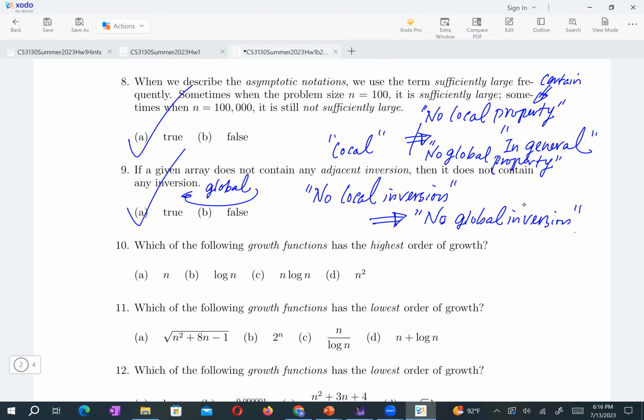That phenomenon is correct in general, but there could be exceptions, and here is an exception. In our inversion case, no local inversion means the array is ordered. If the array is ordered, then there is no global inversion.